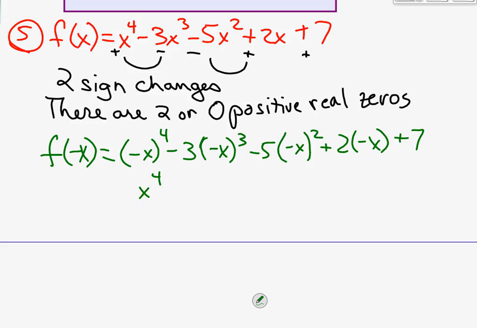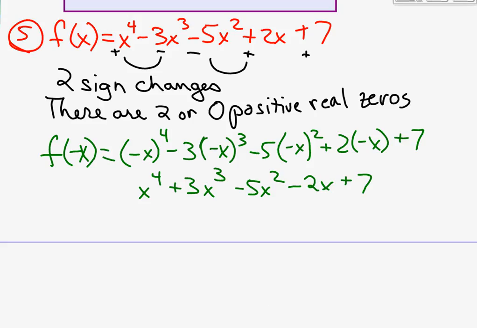So this is x to the 4th. A negative to the third is negative, but then times this negative out in front is plus 3x to the third. Negative x squared is positive, but then it's minus 5x squared. Negative x times positive 2 will be minus 2x, and then the plus 7 just is not going to change for us.